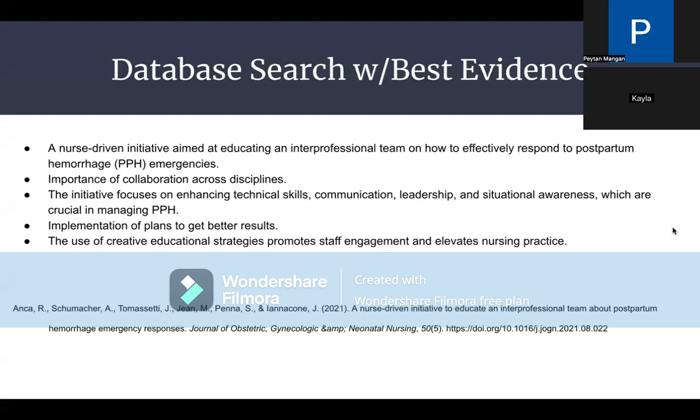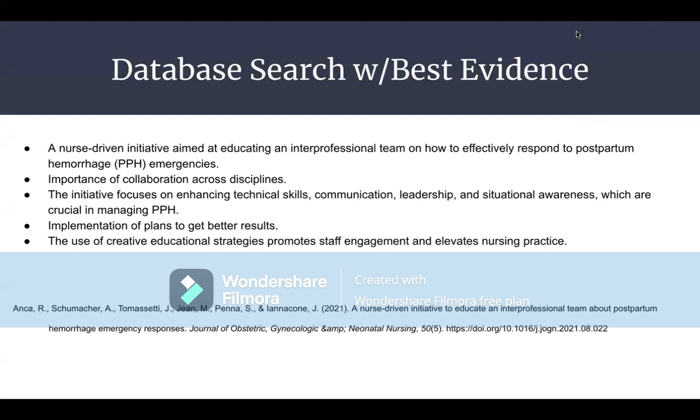And then our last article was a nurse-driven initiative to educate an interprofessional team about postpartum hemorrhage emergencies. It discusses the nurse-driven initiative aimed at educating an interprofessional team on how to effectively respond to postpartum hemorrhage emergencies. The program emphasizes the importance of collaboration across disciplines to ensure the best patient safety as well as timely interventions.